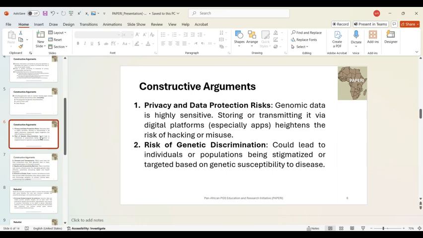Storing or transmitting it via digital platforms, especially apps, heightens the risk of hacking or misuse. The second reason is the risk of discrimination. This could lead to individuals or populations being stigmatized or targeted based on genetic susceptibility to disease.